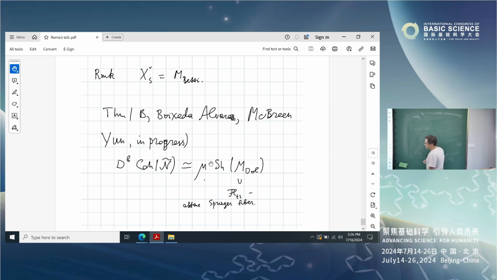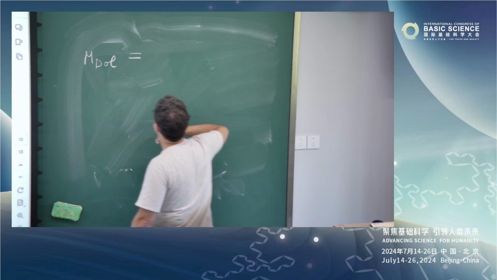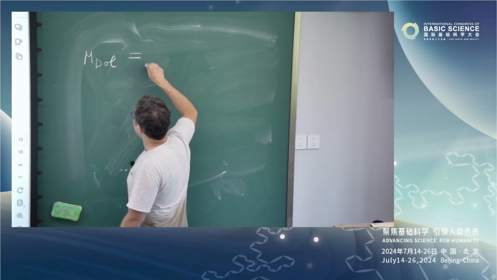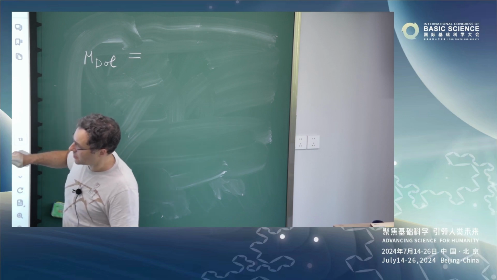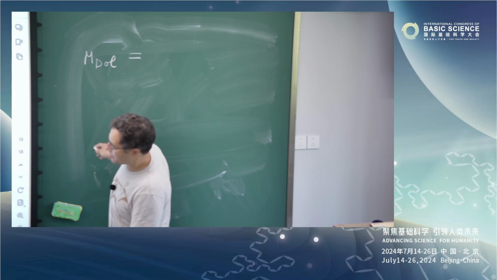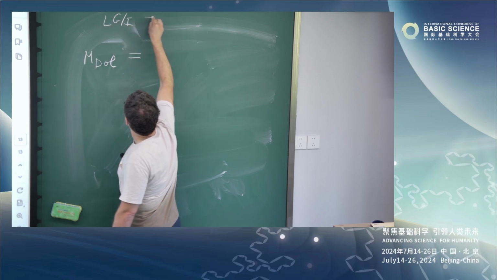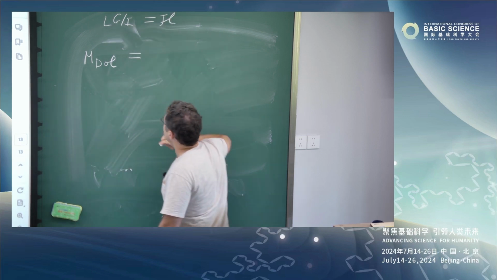And it has to do with a category, and the Dolbeault space can be described as a quotient. So the space LG mod I, the affine flag space, already made its appearance.